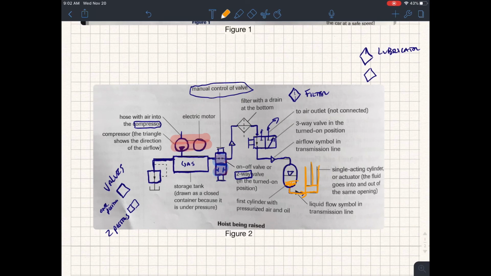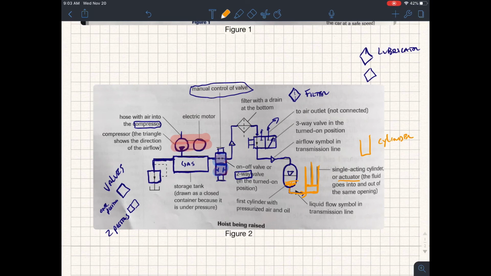But this symbol right here, it's kind of got a box at the bottom with things coming up. This is the symbol for a cylinder. That is not a storage device. Different numbers of lines or different arrangements means that it's either single acting or double acting. In single acting, all you need to know about this actuator is that fluid goes into and out of the same opening. You don't need to be able to distinguish between double acting or single acting cylinders. And that does the work.